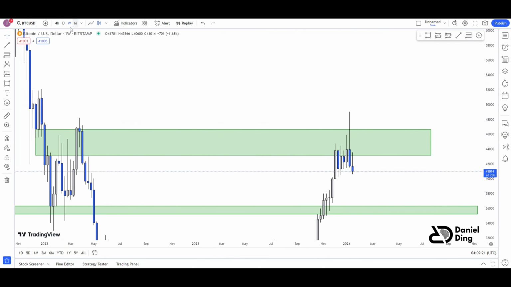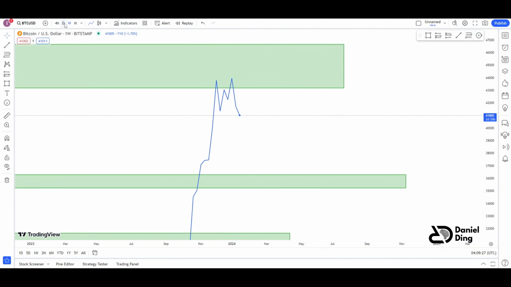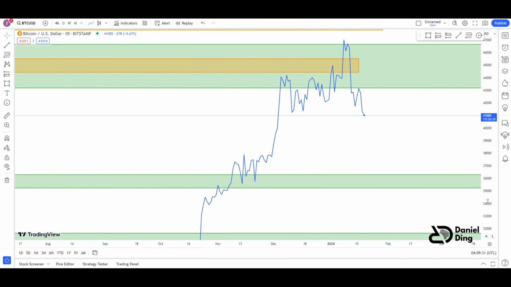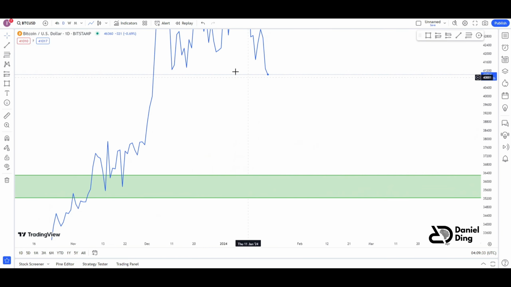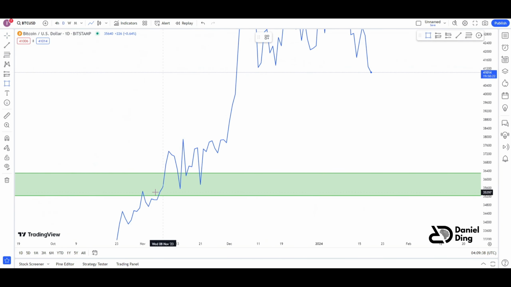So let's get back to why Bitcoin will reach 35K. Now back to the line chart, back to daily. As you can see, these are V, V, V, V, V, V. Now, where's the A? This is the A. See that?